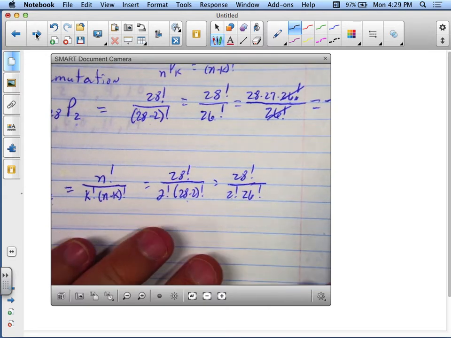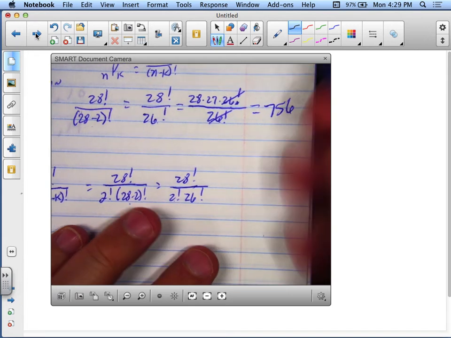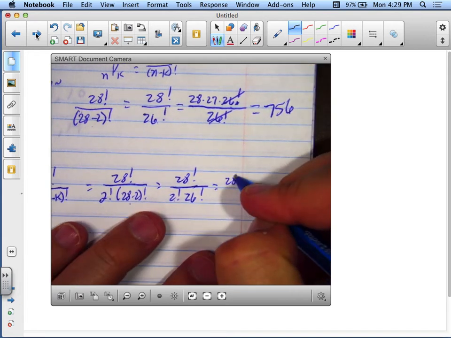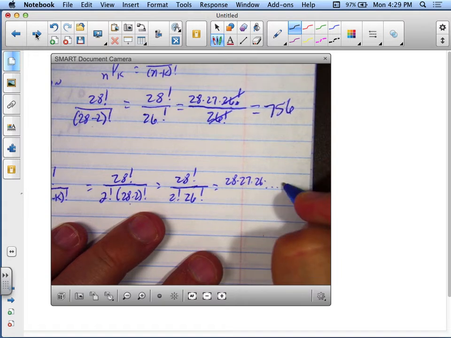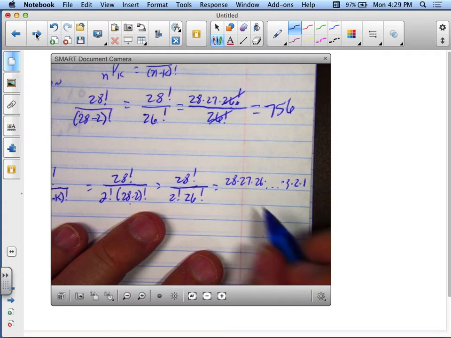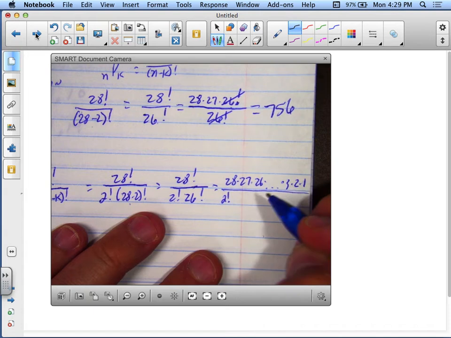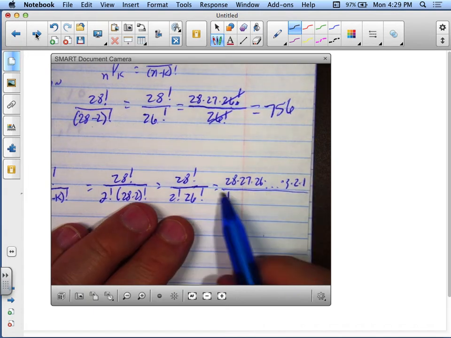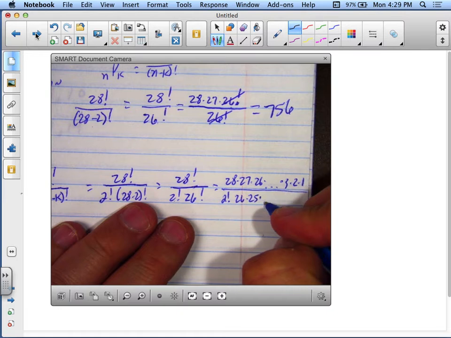I'm going to do the same method as I have up here. Well, actually, I'll try a different method here. This is the same as saying 28 times 27 times 26 times all the way down to 3 times 2 times 1. Now, I'm going to put that over 2 factorial times 26 factorial, which is 26 times 25 times all the way down to 3 times 2 times 1.